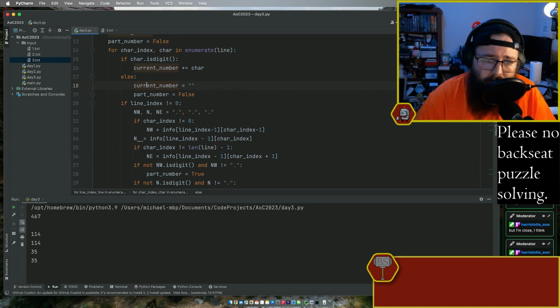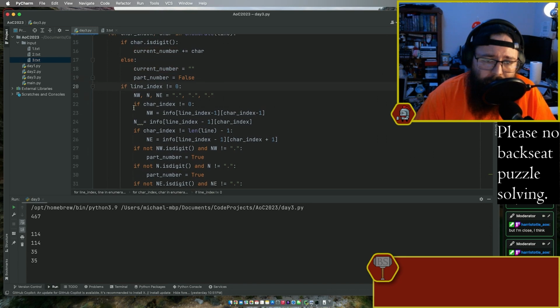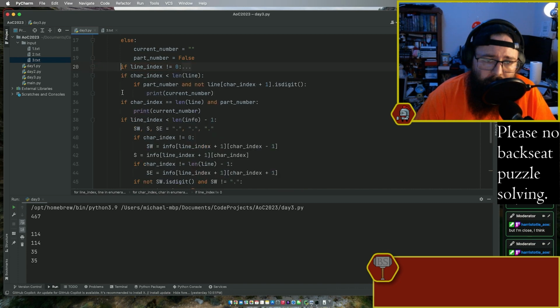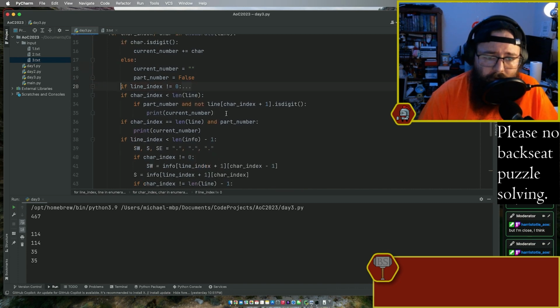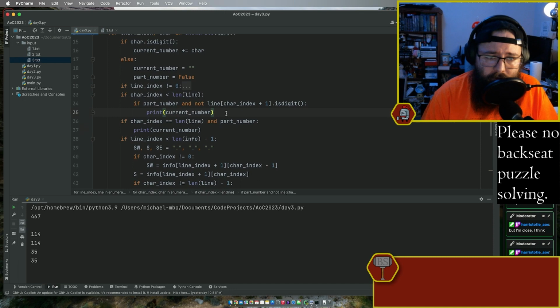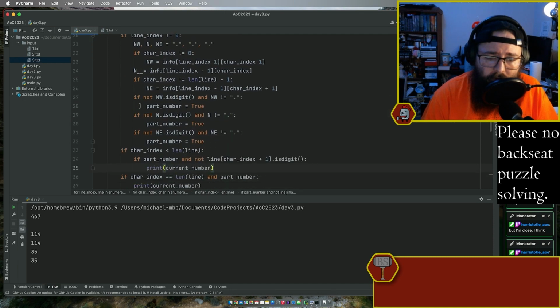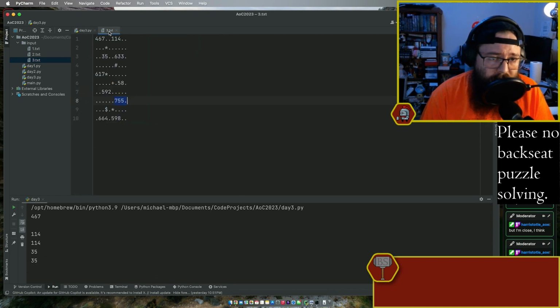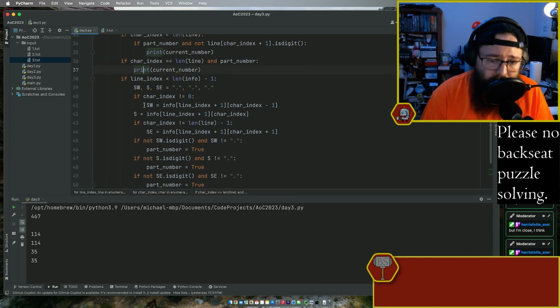Putting the number. Important. Well, we're not even supposed to be reading that one.